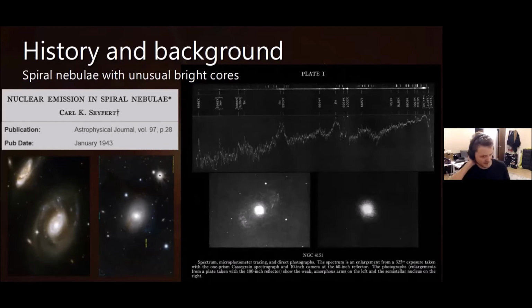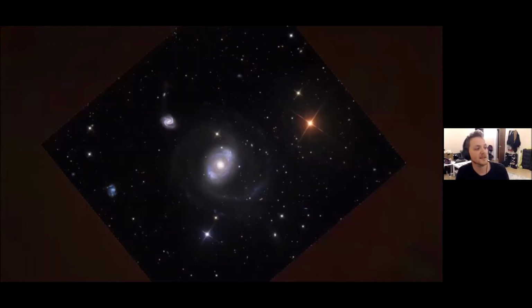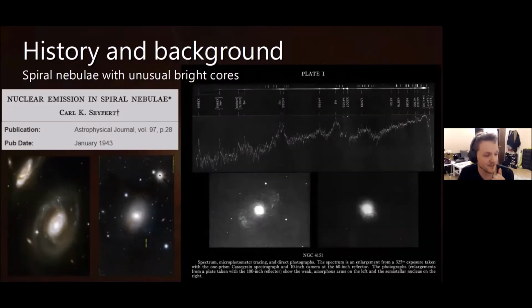And this didn't receive much attention for various reasons. These galaxies only started getting more attention in the 60s. This is just to show you how far we have advanced. I think it's a very funny picture.